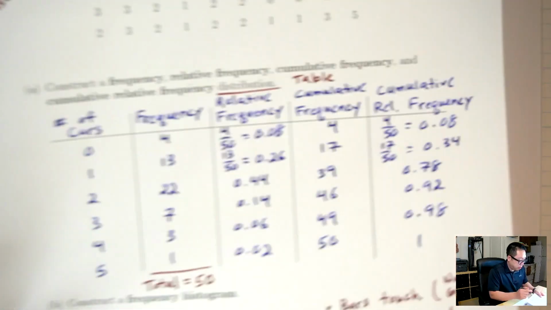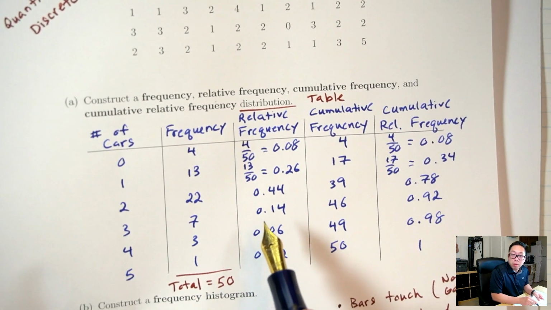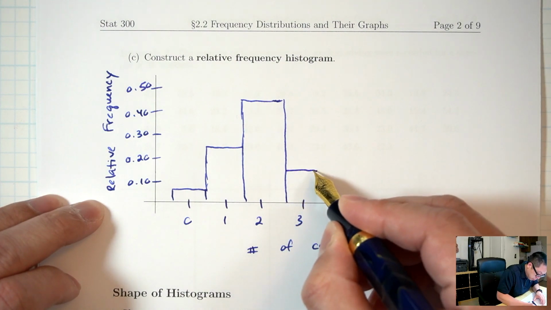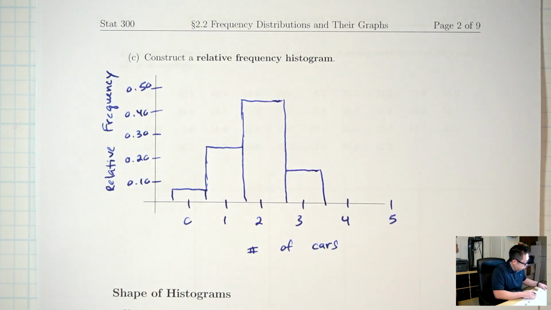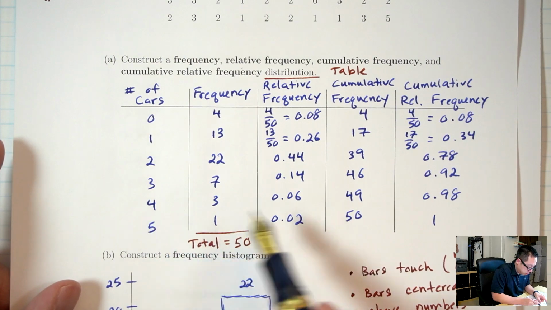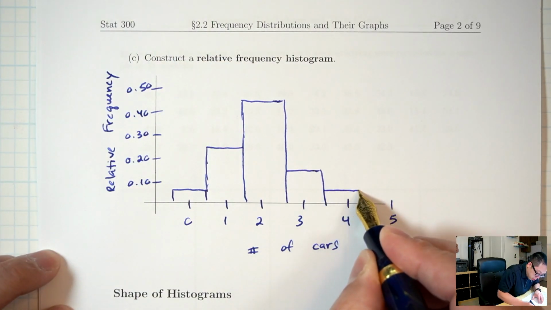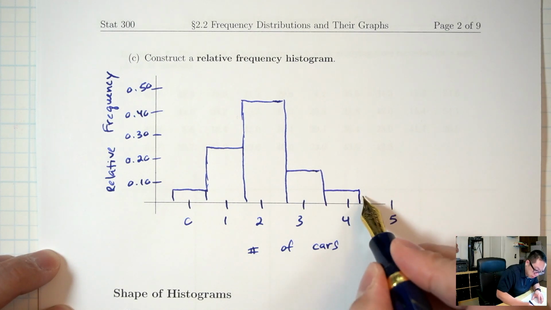For 3, it's 0.14. For 4, 0.06. And finally 0.02.